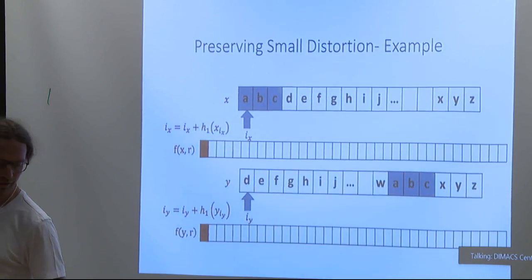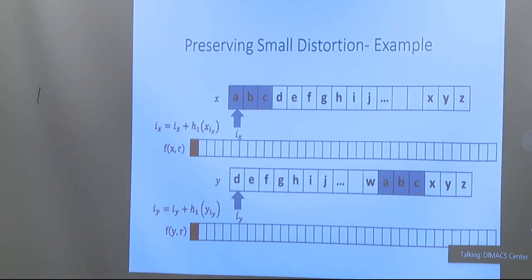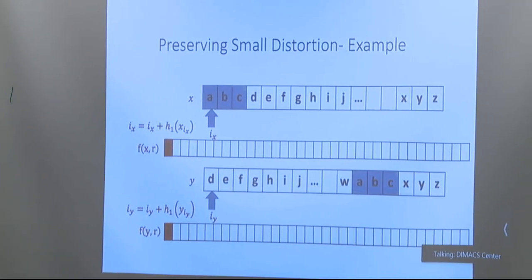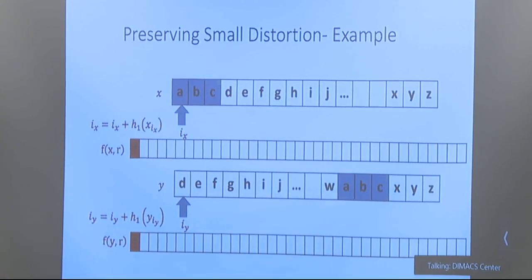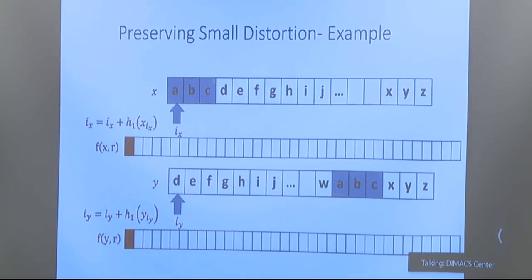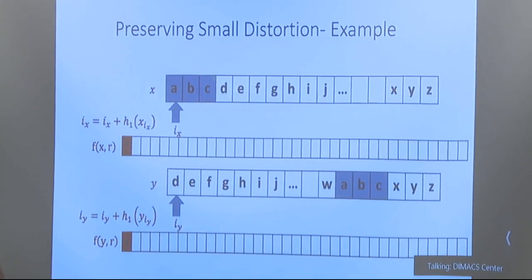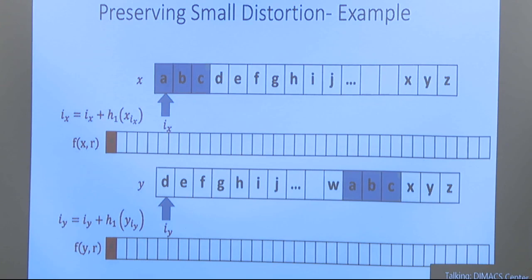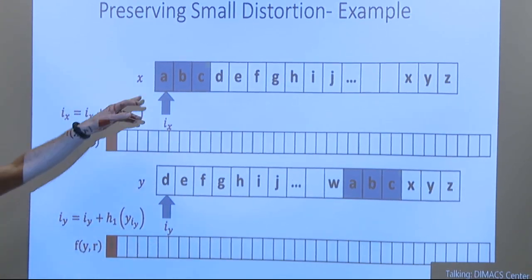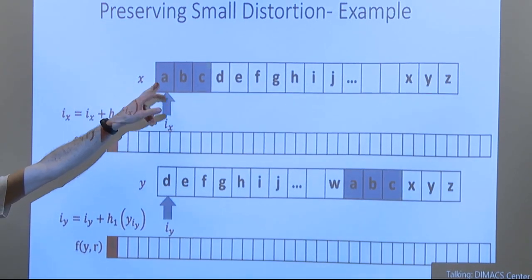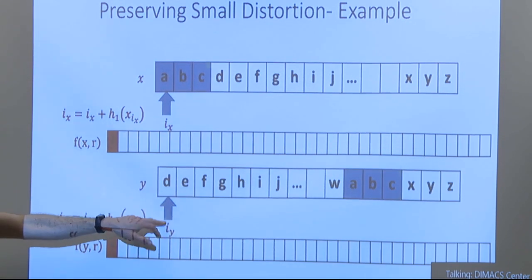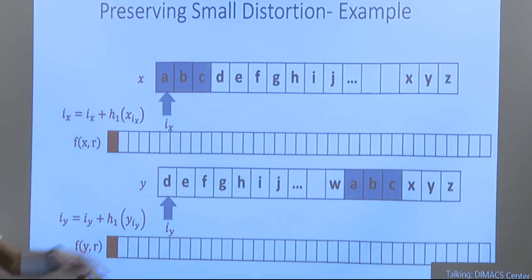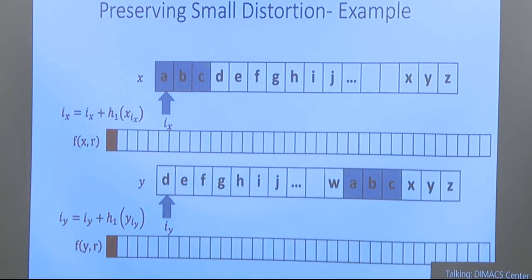Now we will look at what happens when we embed x and y using the same random string, the same set of random functions. At the beginning, we have the pointer I of x, which points to the first character of x, and the pointer I of y, which points to the first character of y.